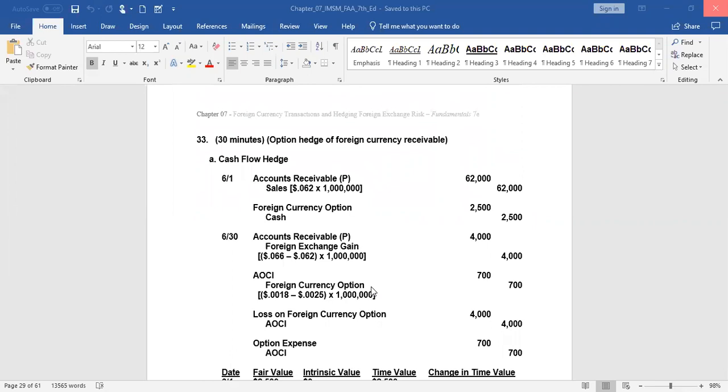If you purchase the put option on June 1st to lock in at September 1st for a 0.062 price, you would have paid 0.0025 per peso. On June 30th, you would have paid 0.0018 to lock in at that strike price. And at September 1st, you wouldn't pay anything because you wouldn't buy anything. You're at the date. So that's what those items mean there.